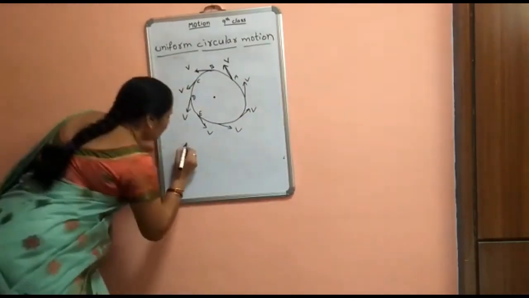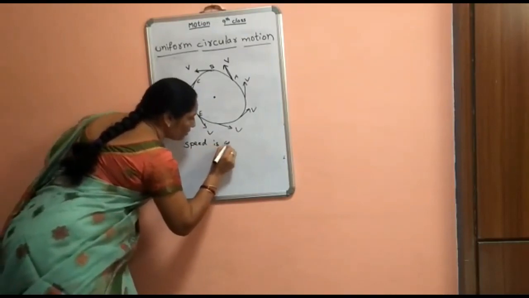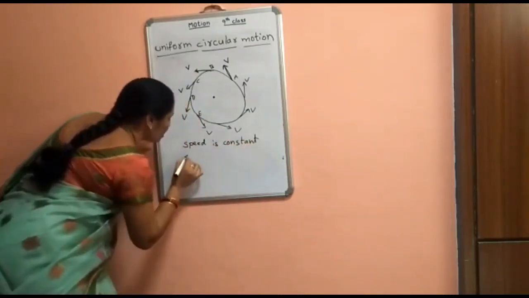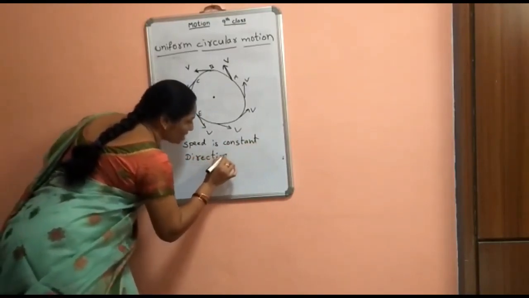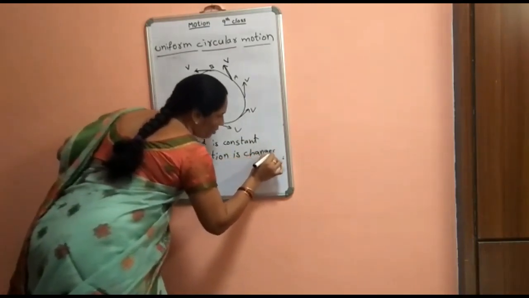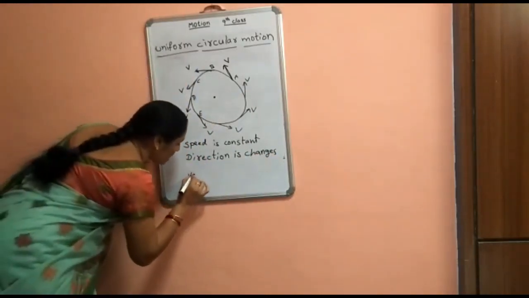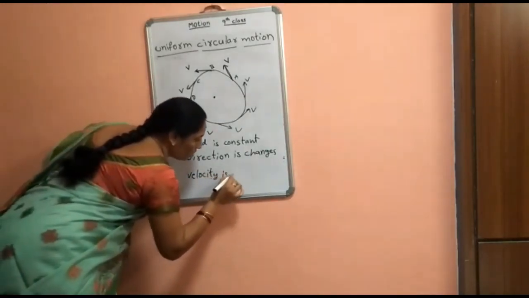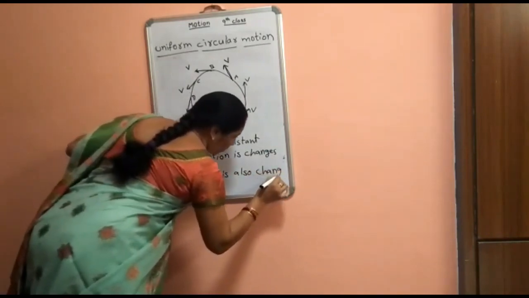Here speed is constant, but direction changes continuously, so velocity also changes continuously.